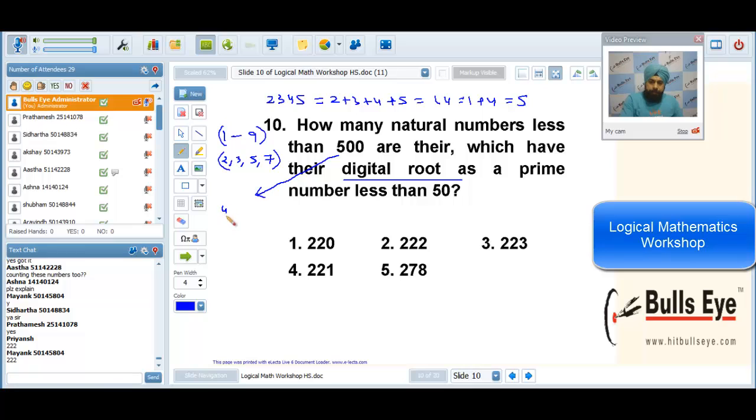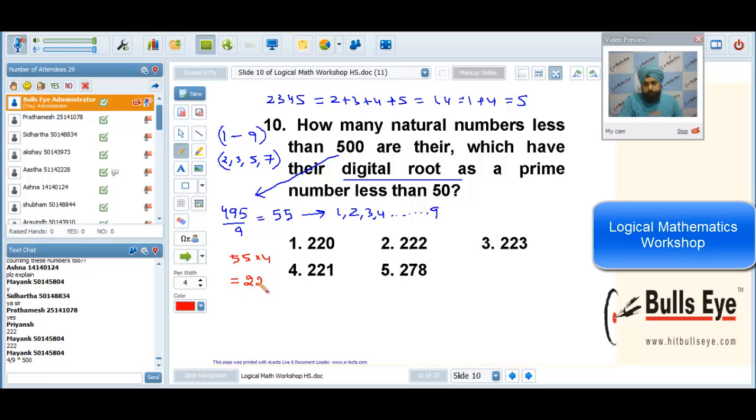A number less than 500 and a multiple of 9 is 495, students. And I divide it by 9 to say there are 55 numbers which have a digital root of 1, 2, 3, 4 till 9 each. Now as we are interested in only 4 such numbers, 2, 3, 5 and 7, so we take 55 into 4 to be equal to 220.